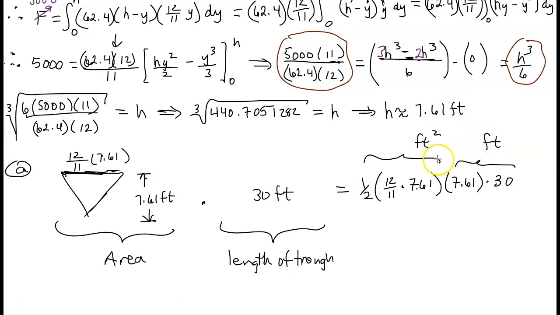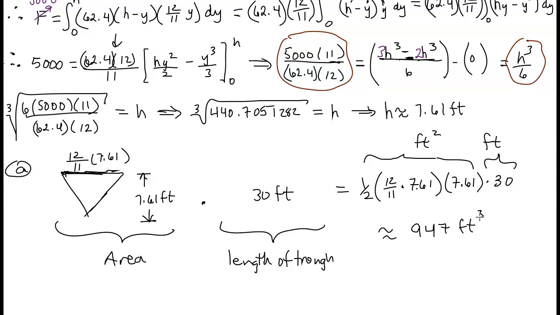And actually kind of got that drawn wrong. It's more so like this. So this part will be the feet, and this portion will be the square feet. All right, so once we calculate all of that, it's not the exact value, but we're going to get roughly about 947 cubic feet. Okay.